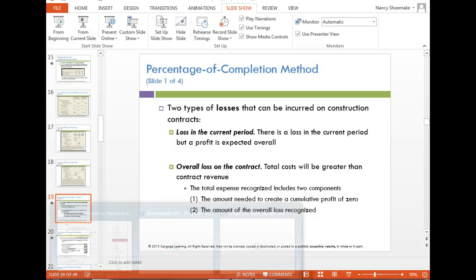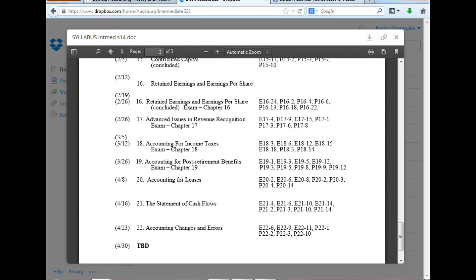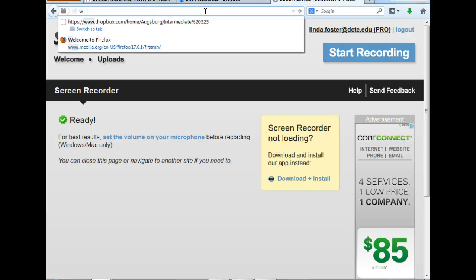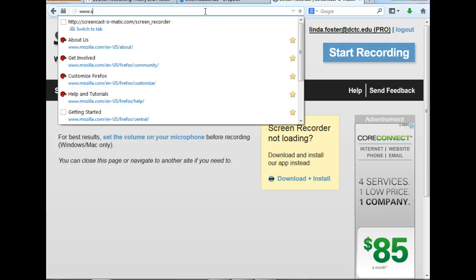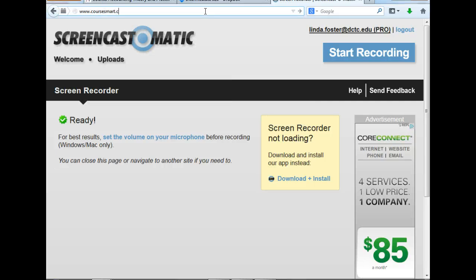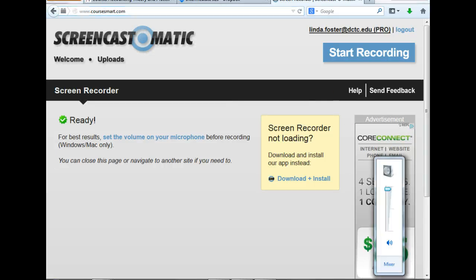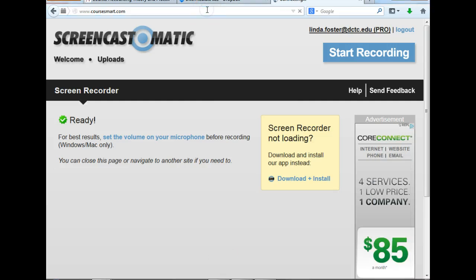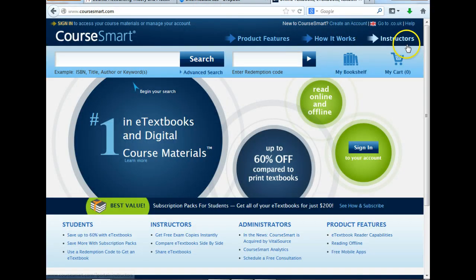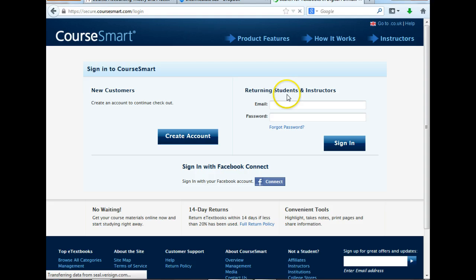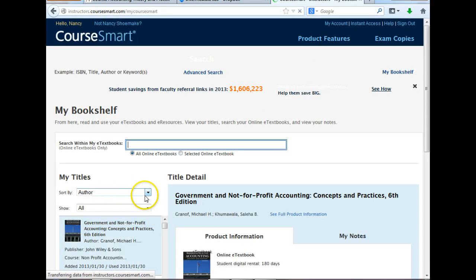Okay, let me pull it up on the screen so we can read together. Okay, and this is page 17-44.